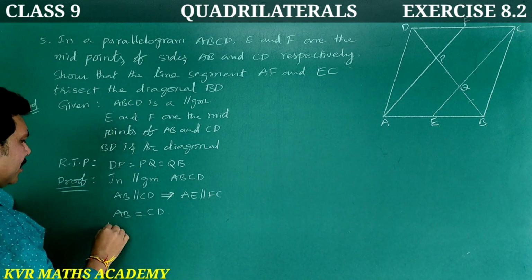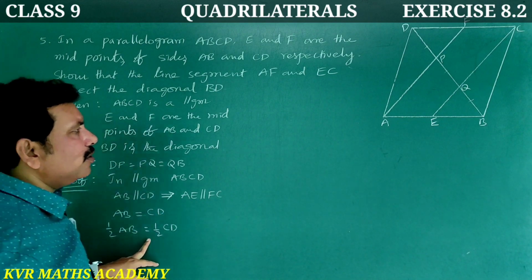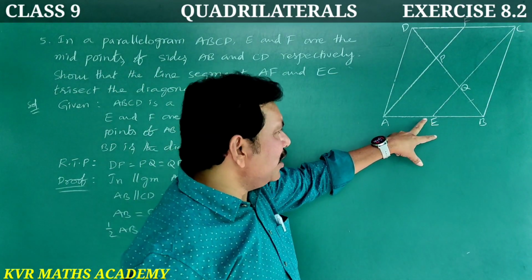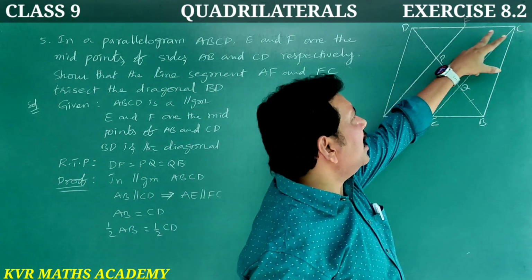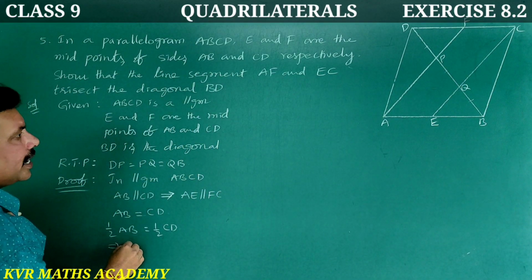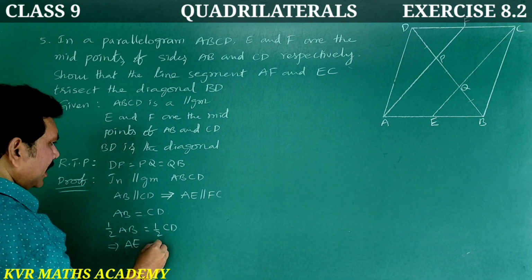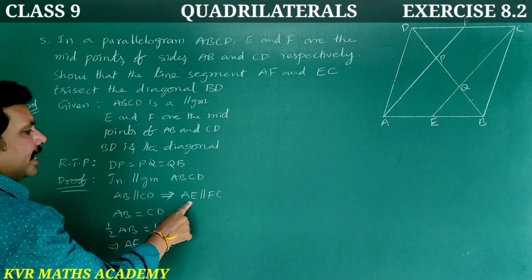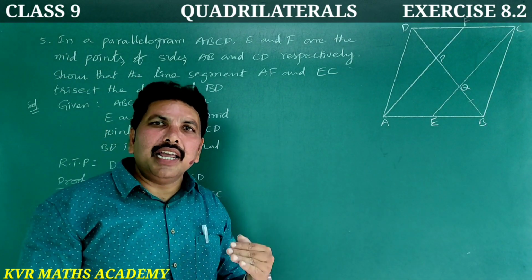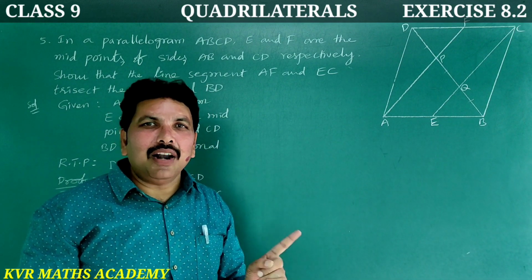Let us multiply both sides by half. Half AB is equal to half CD. Why did we multiply? Half AB is AE, because E is the midpoint. Similarly, half CD can be taken as FC. So AE is equal to FC, right? Here AE is parallel to FC and AE is equal to FC. So a quadrilateral in which one pair of opposite sides are parallel and equal is a parallelogram.